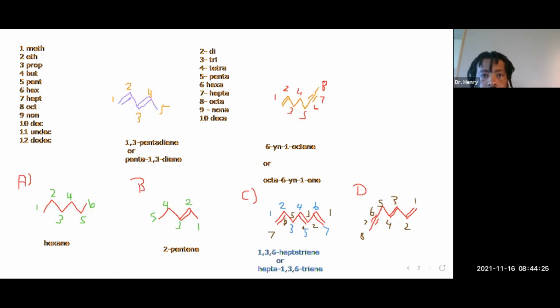Okay, and then blue numbers. 1, 2, 3, 4, 5, 6, 7, and 8. Okay, which one is going to give us the lowest numbers?